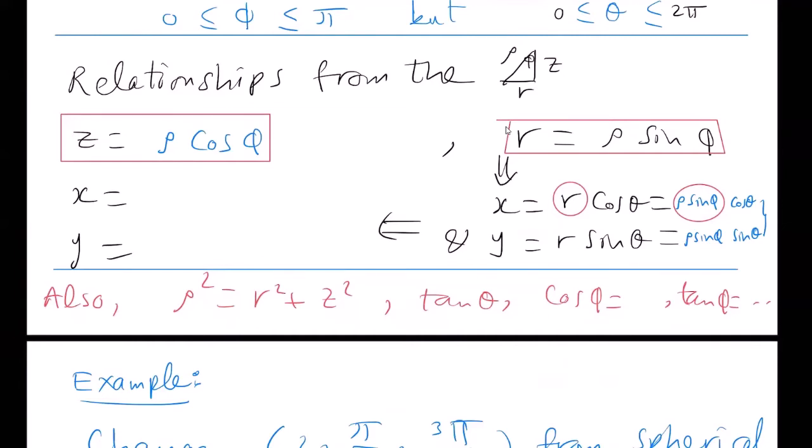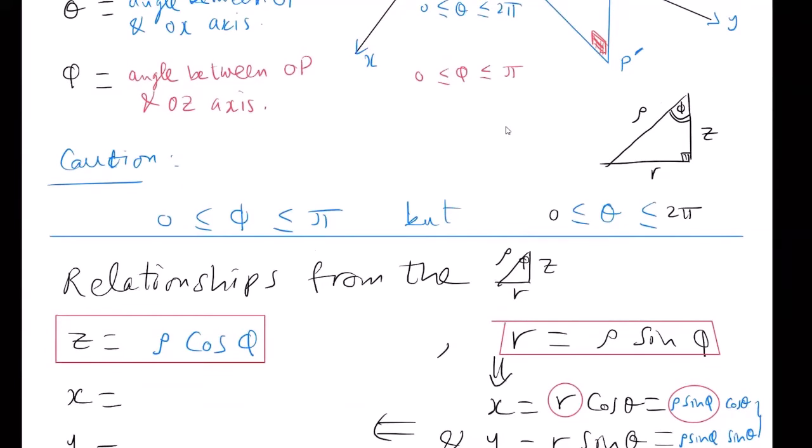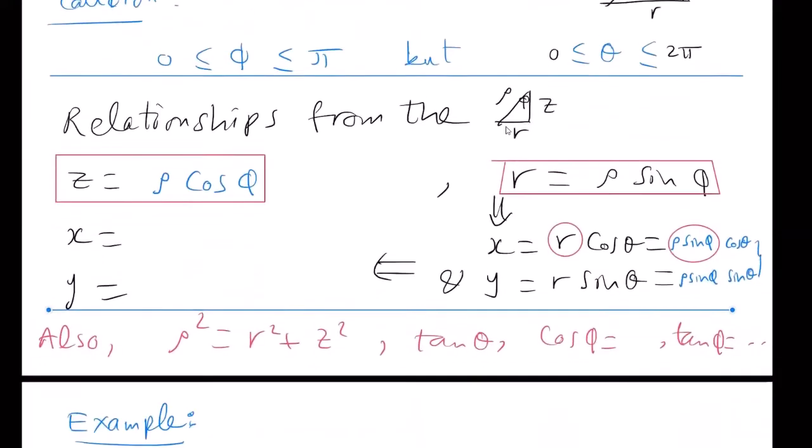Can make it in 2 steps to make it easy. So again, this is z. Z is the easiest one because it is in the same triangle with rho and r. Z is the side adjacent to phi, so it's rho cosine phi. Rho is the hypotenuse.